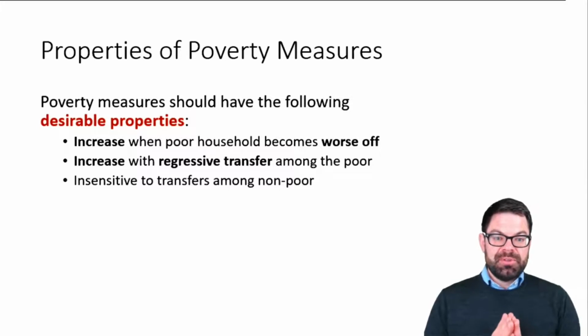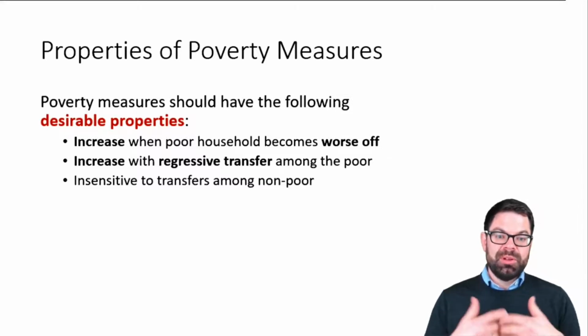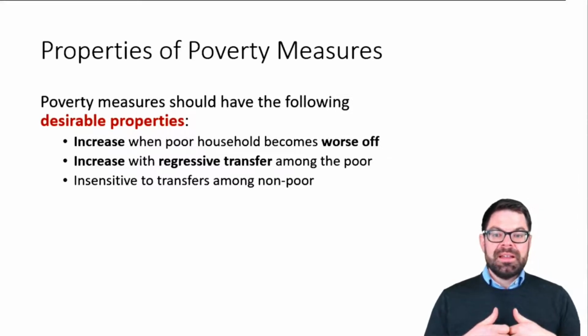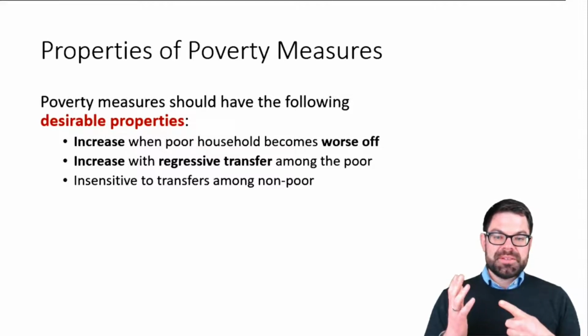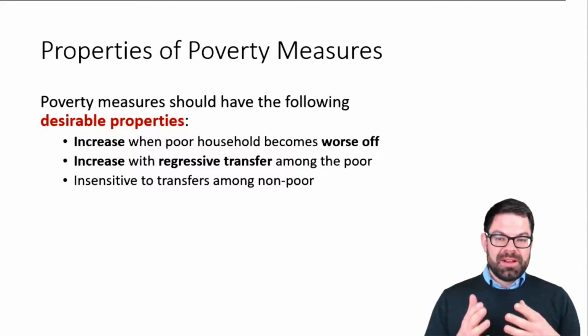So for example, one index that you can see a lot is just the poverty rate, the share of people who are below the poverty line, and that would not fulfill that first property, because if the poor households get worse off, so they have even a lower income, the share of poor households doesn't change.